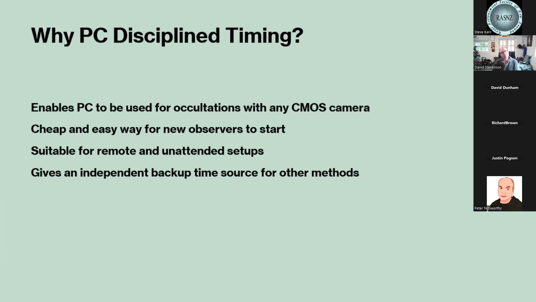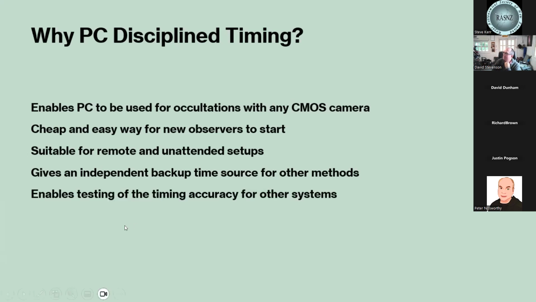That's something I think is really important for reliability, because you get a time out of your QHY camera or whatever, and how do you know that's correct? It's just a number. If you've got another independent time check, then you've got some confidence in that. And with the GPS flash timing, you can actually do some testing of timing accuracy, so you're in a position to test other devices.